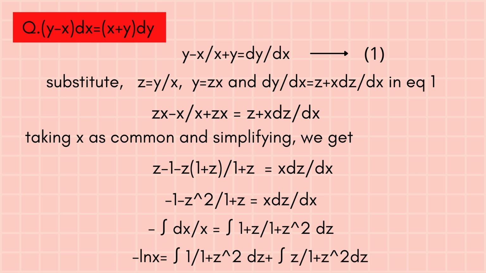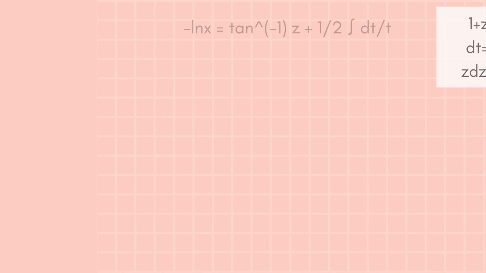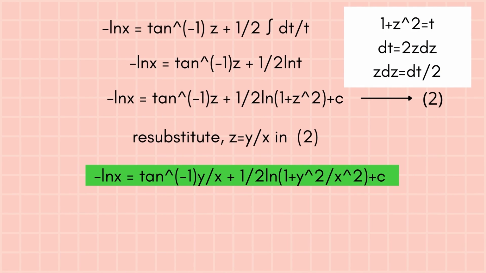We then integrate on both sides and we get minus ln x is equal to integral of 1 upon 1 plus z square dz plus integral of z upon 1 plus z square dz. For the integration of second term, we put 1 plus z square is equal to t. Then differentiating it, we get dt is equal to 2z dz, that is z dz is equal to dt upon 2.